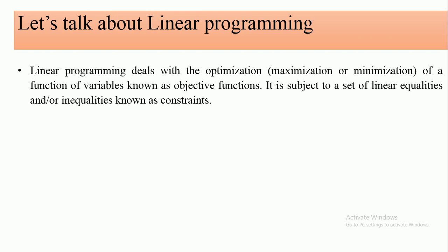So linear programming deals with optimization of a function of variables known as objective function. And this objective function is subjected to a set of linear equalities or inequalities known as the constraints.